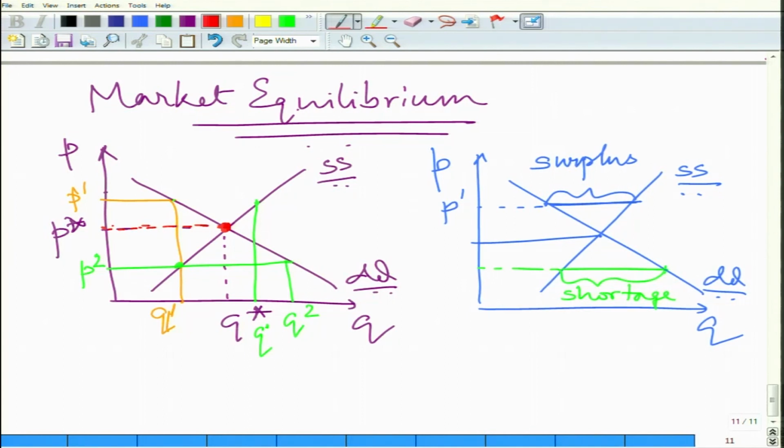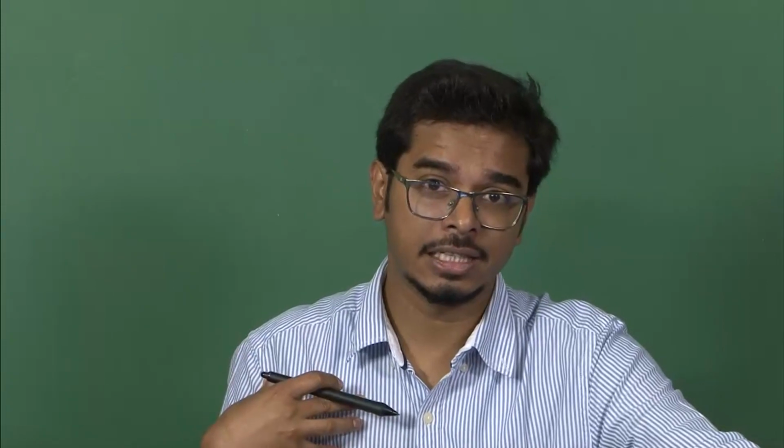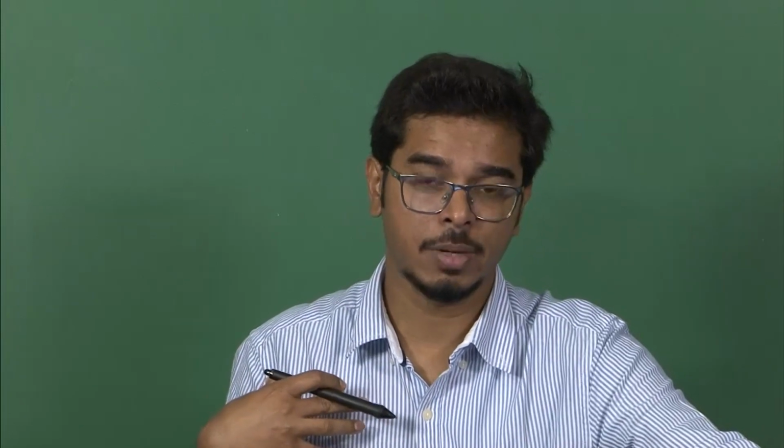Whenever there is a shortage, the price will increase because I want to buy and the supplier won't give me, so it will push the price upwards. Whenever there is a surplus, there is supply but no demand, so I can't satisfy my demand, but at the same time the supplier cannot sell their supply.